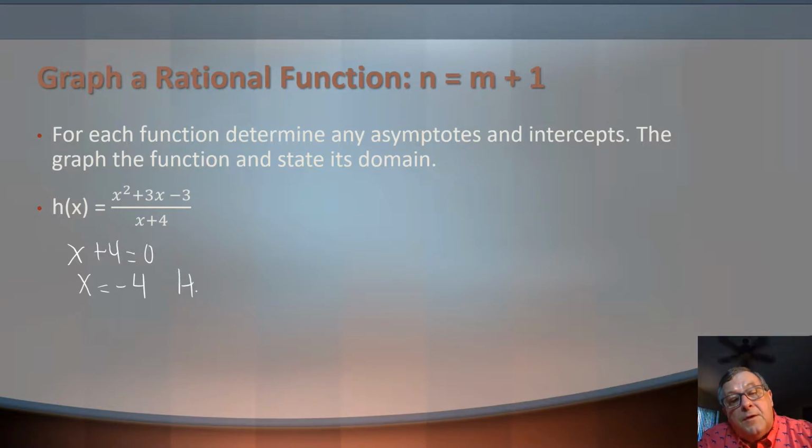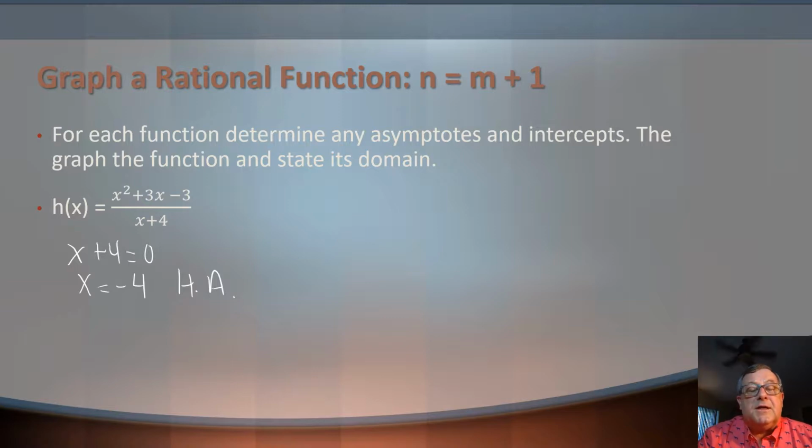I'm going to label this as VA, vertical asymptote. I'm going to save the slant asymptote for a little bit later. Got to make sure I've got enough room.